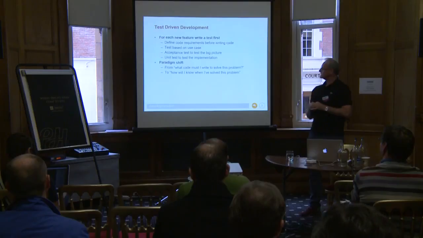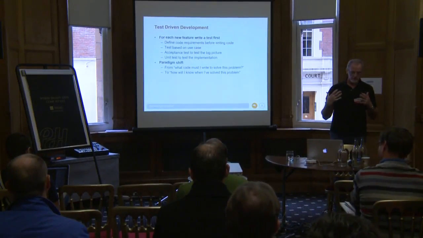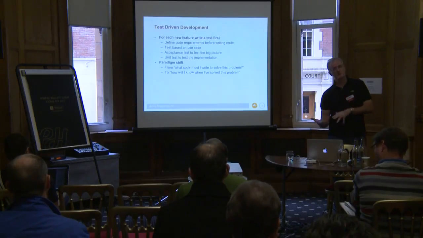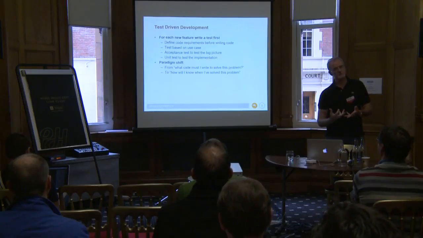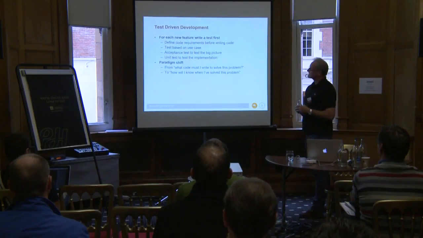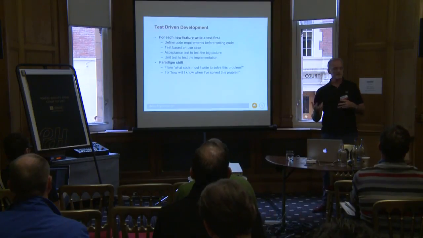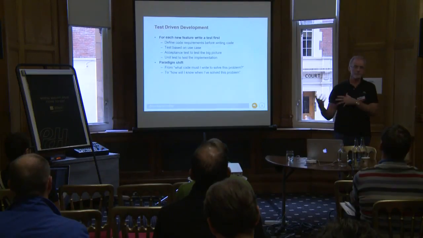The idea behind test-driven development is that we want to use the tests to drive the code, not the other way around. So this is the idea of writing tests first, rather than writing code first. The tests help us define the requirements, or in many cases, depending on how we write the tests, they become the requirements for the code.